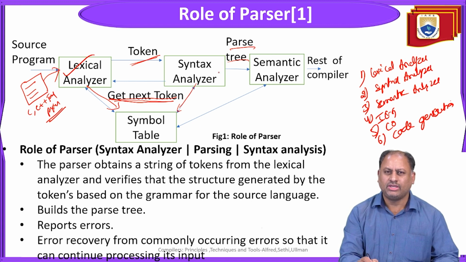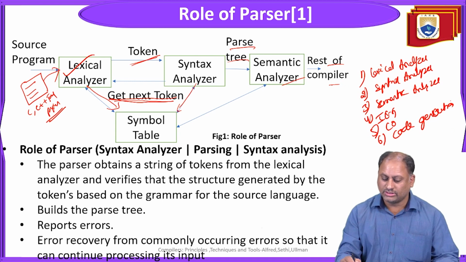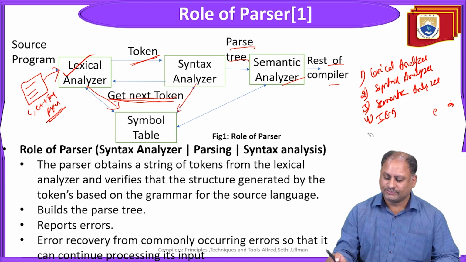The parse tree delivered from the syntax analyzer phase is then verified by the semantic analyzer with the help of the semantics of the particular language. Then the remaining phases continue: intermediate code generation, code optimization, and code generation.